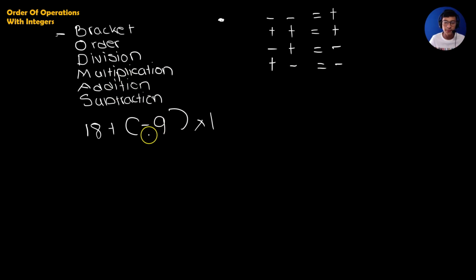Friends, if you're ever confused about why there are brackets here around the 9, and shouldn't there be another number inside? No, that's not the case.